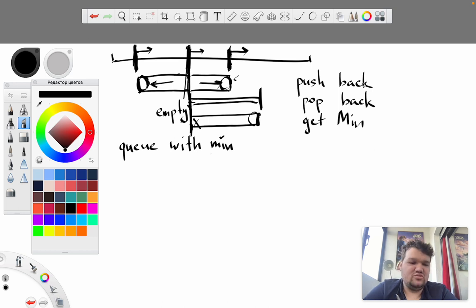We implement a queue with two stacks which maintain minimum. Now when we want to take the minimum from the queue, we just take the minimums from both stacks and return the minimum of them. So get min is constant, and push back and pop front are amortized constant, linear in total.